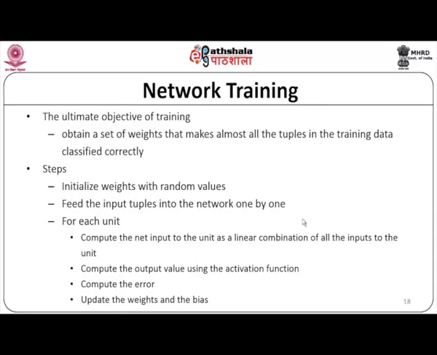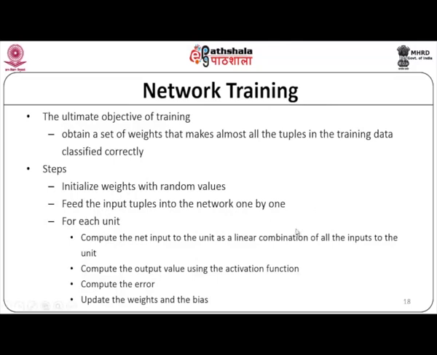What are the steps involved when you train? The ultimate objective of training is to adjust the weights of the links, and this adjustment will happen until proper training is done. In other words, when your neural network is in a position to classify your data correctly, the adjustment in the weights is going to happen.